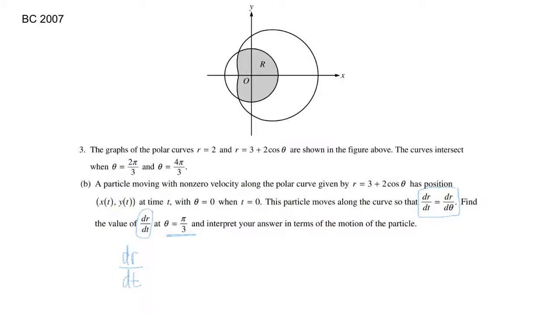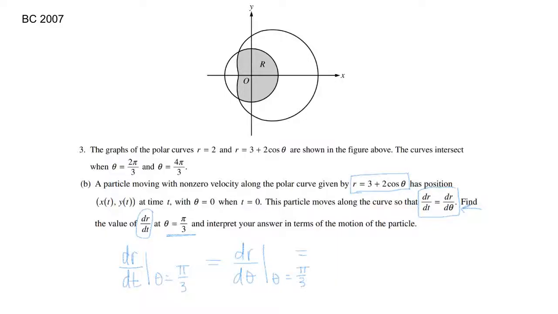Since these things are equal, dr/dt at theta equals pi over 3 is going to be the same thing as dr/d theta when theta is pi over 3. And so really you can type this in your calculator then. That's what it's allowing us to do.